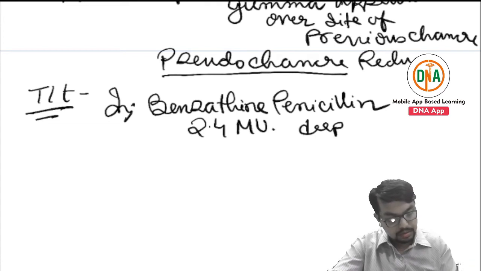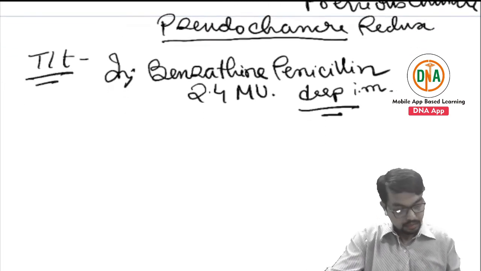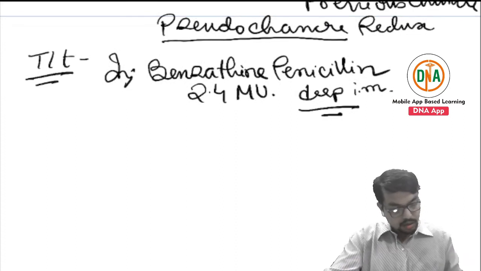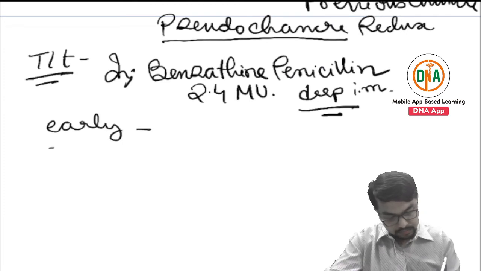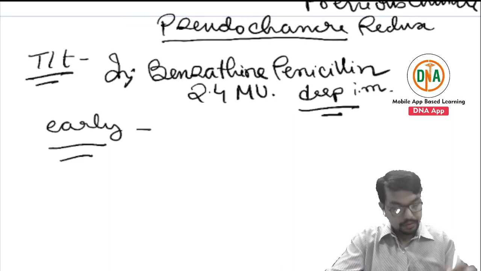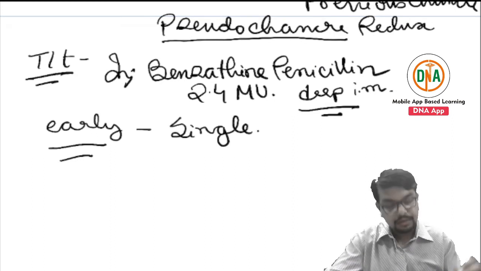Deep intramuscular injection is given. It is equally divided and given in each buttock. Now, for early syphilis, a single intramuscular dose is sufficient.